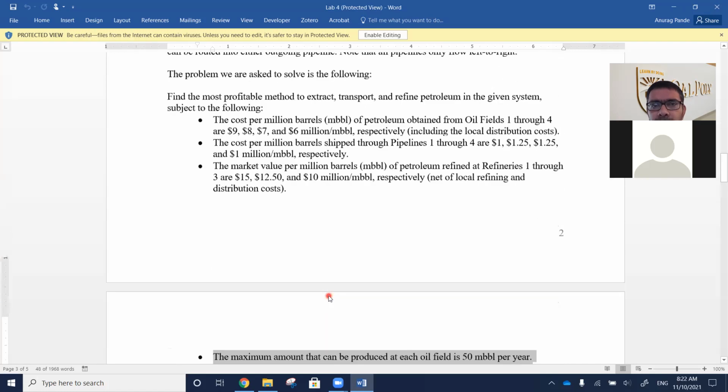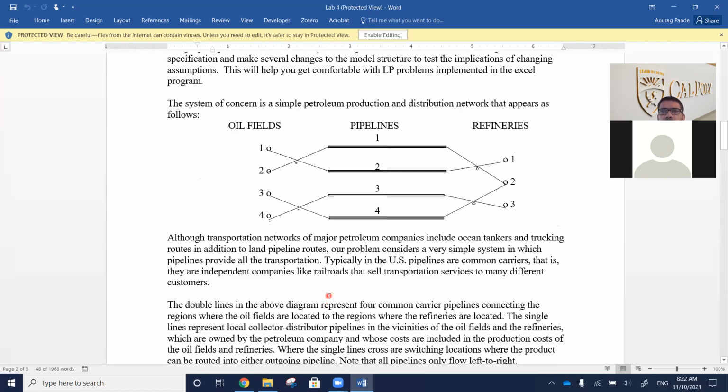Now, I'm going to tell you that these are not the only constraints. Yes, these are important constraints and you're going to have those, but these are not your only constraints. You need to be able to write more constraint equations because there are some what we call conservation of flow constraints.